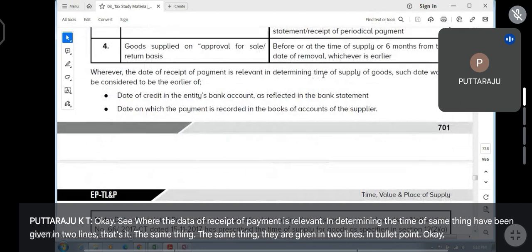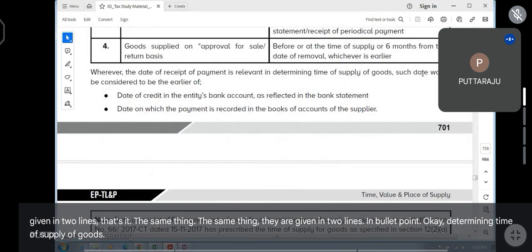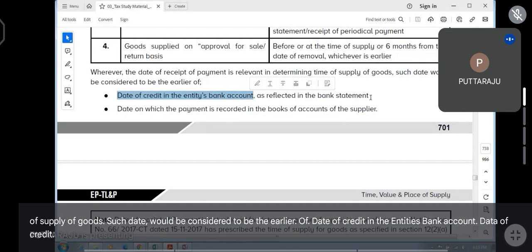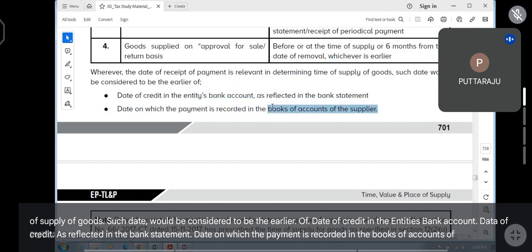Determining time of supply of goods, such date would be considered to be the earlier of date of credit in the entity's bank account, date of credit as reflected in the bank statement, date on which the payment is recorded in the books of accounts of the supplier.